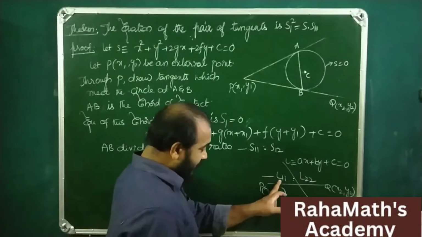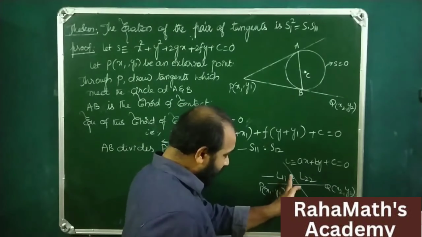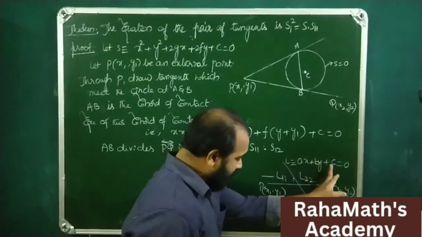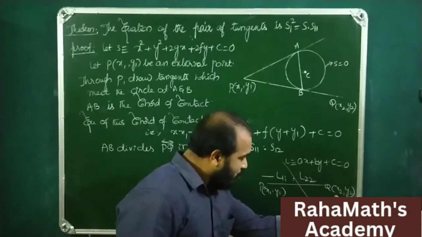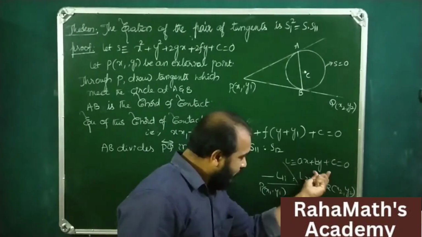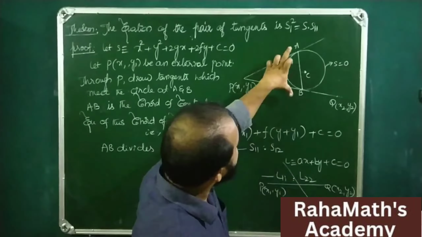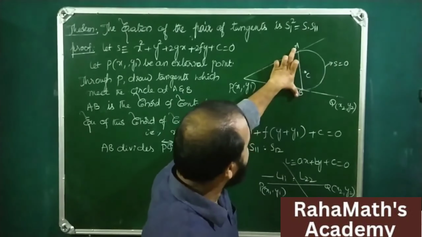L11 in the sense, substitute x1, y1 in this: ax1 plus by1 plus c. What is L22? Substitute simply x2, y2 in this: ax2 plus by2 plus c. So here L is the chord of contact AB.